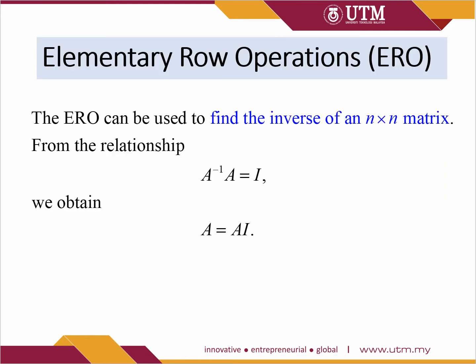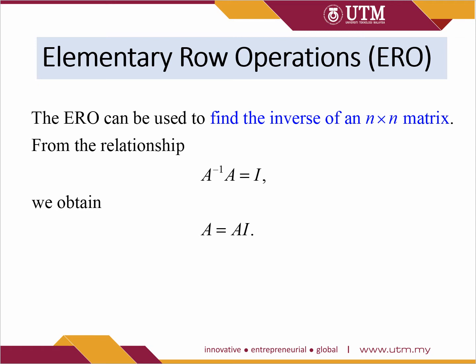In order to find the inverse of a square matrix using ERO, let us see this relationship, where the multiplication of the inverse matrix of A times matrix A is equal to identity.